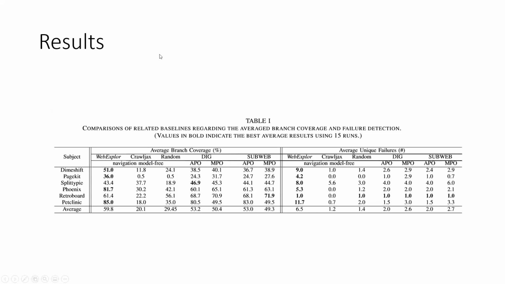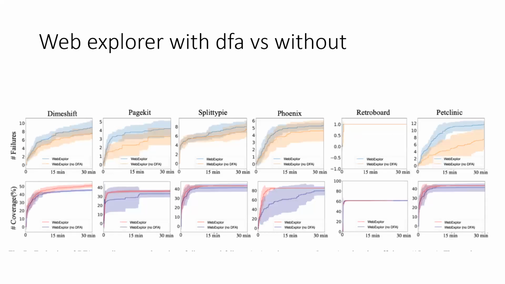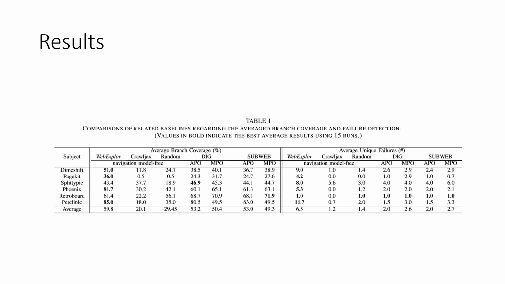Okay. So they also wanted to find out how effective DFA was with or without. Sorry, I'm going to recap a little bit about their state definition. They're using reinforcement learning.